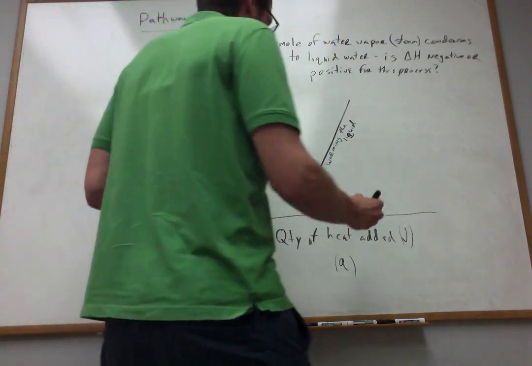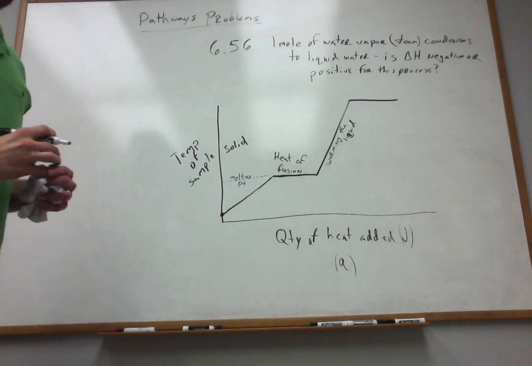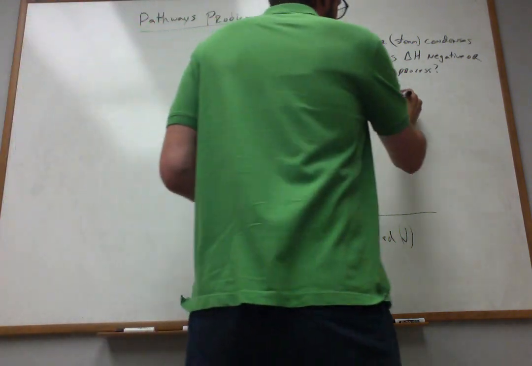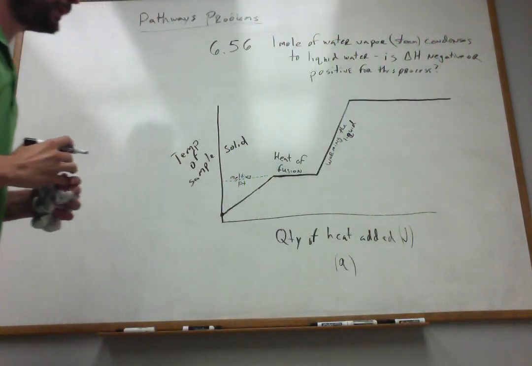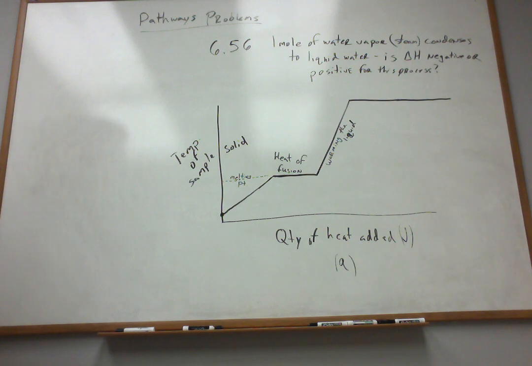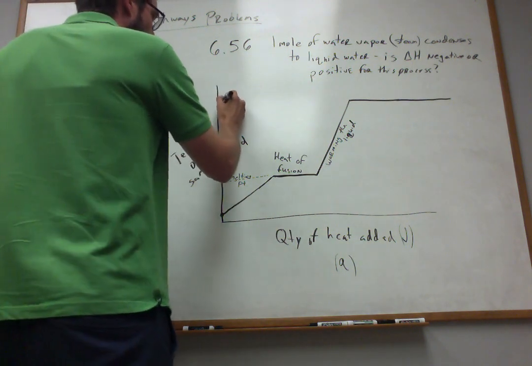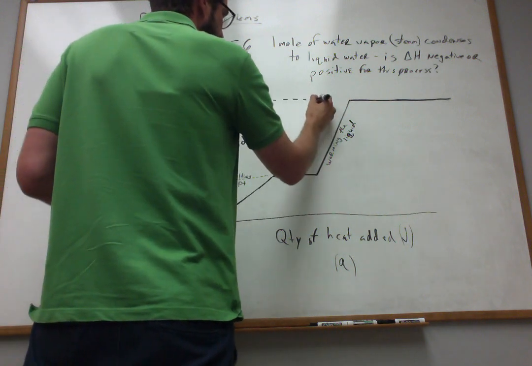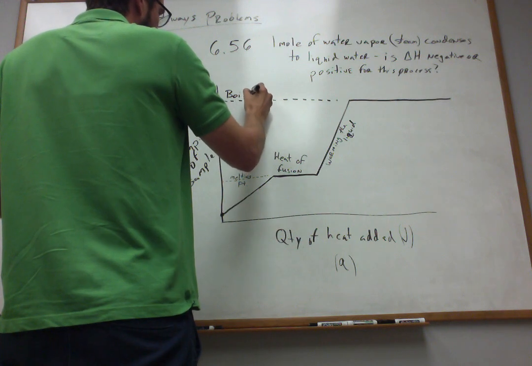But then another interesting thing happens. At some point, this plot levels off again. And this leveling off occurs for quite some heat energy added. That point is our boiling temperature.